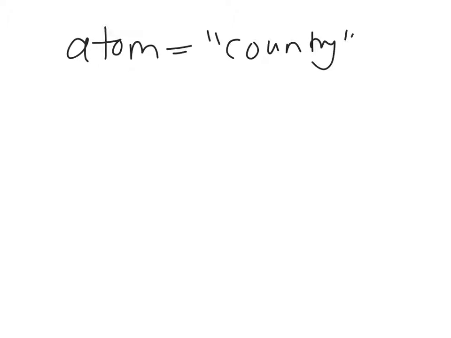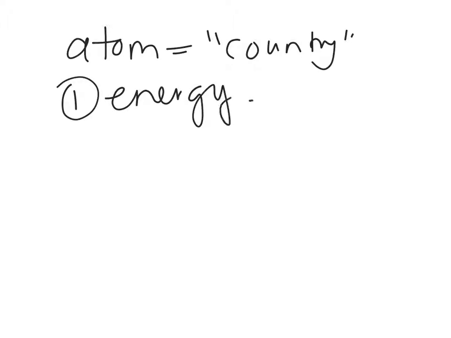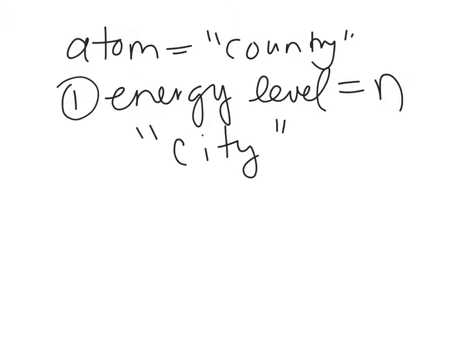Okay, so identifying the country. And within that country, the first thing that we want to talk about is the energy level that we're in. And the energy level is represented by an N. In our address lingo, this would be the equivalent of what city that electron is living in. It's sort of the general energy of the electron.